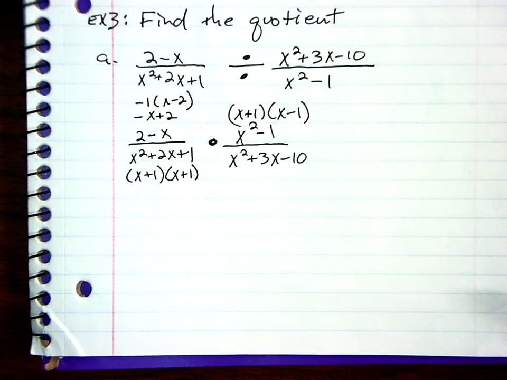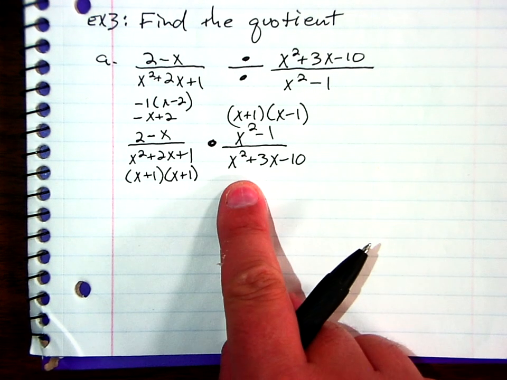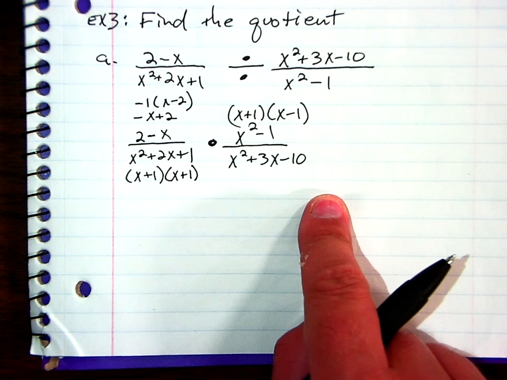Factors of negative 10 that equal 3: negative 5 and 2.